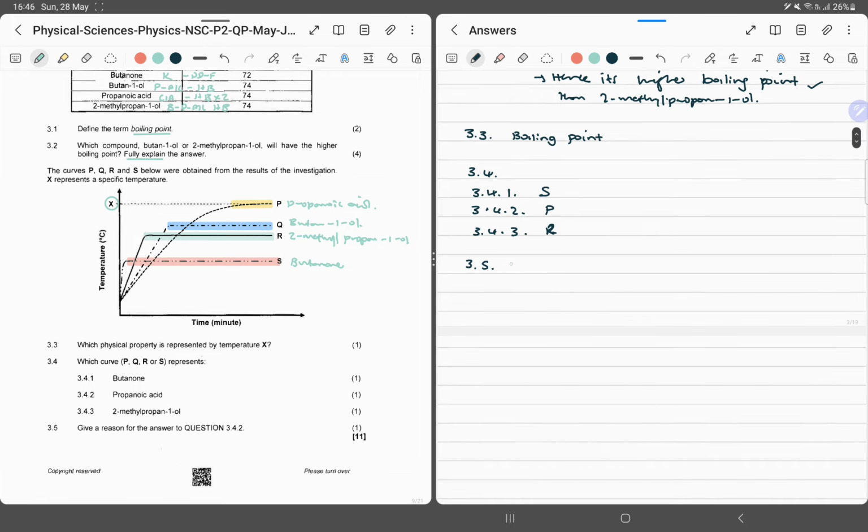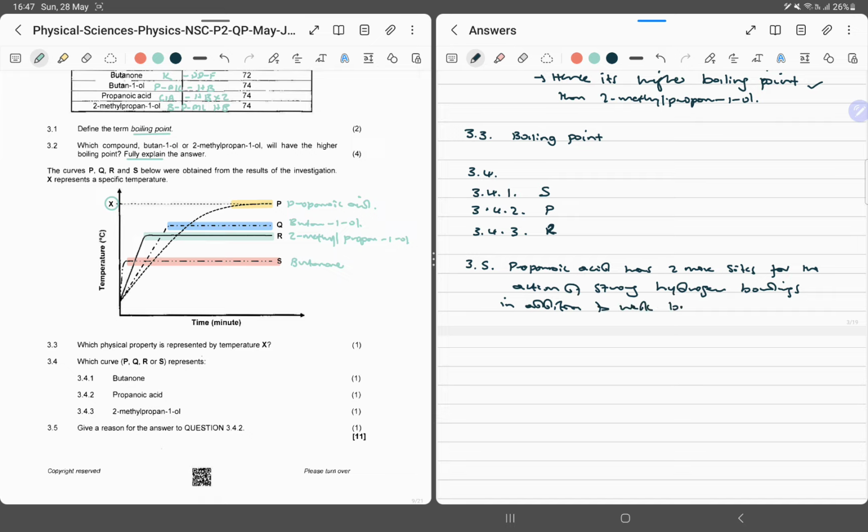Essentially, we can say propanoic acid has 2 more sites for the action of strong hydrogen bondings in addition to weak London forces.